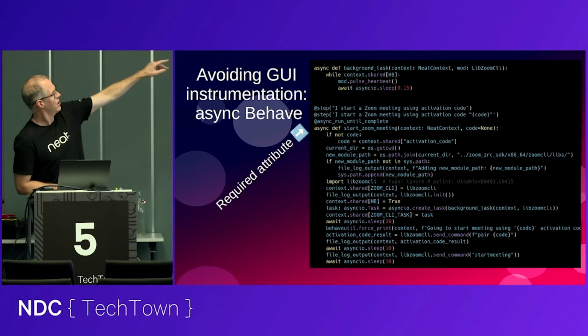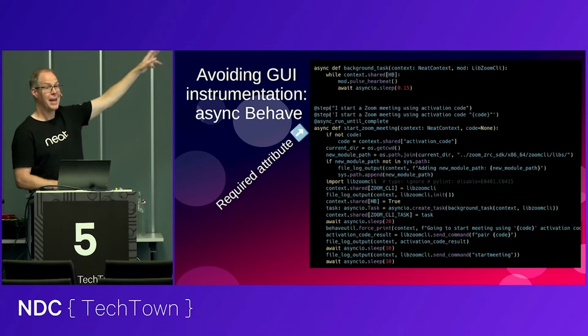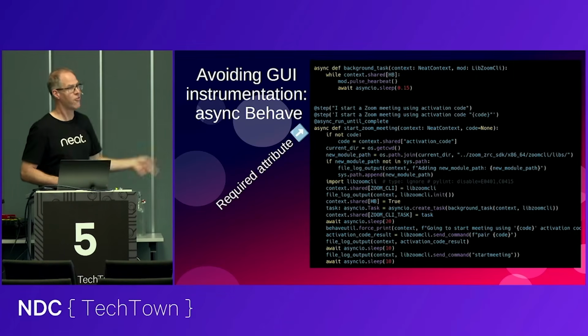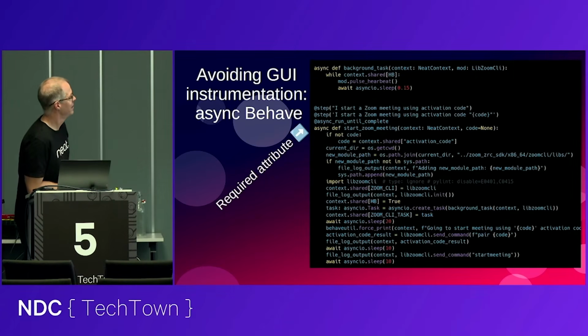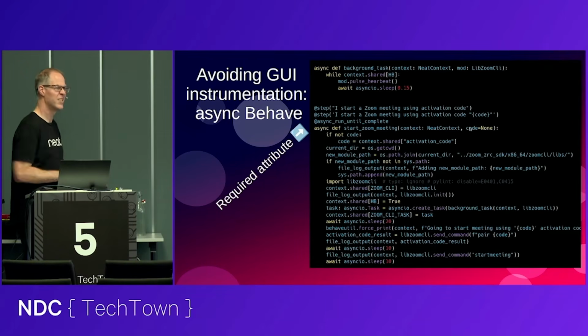There's also a nice thing here, just showing off Behave: you can use multiple step texts to refer to your function, and you can have defaults. For example, if you're not sending in a code, just set it to none and handle it in your code. Super flexible. Beautiful.